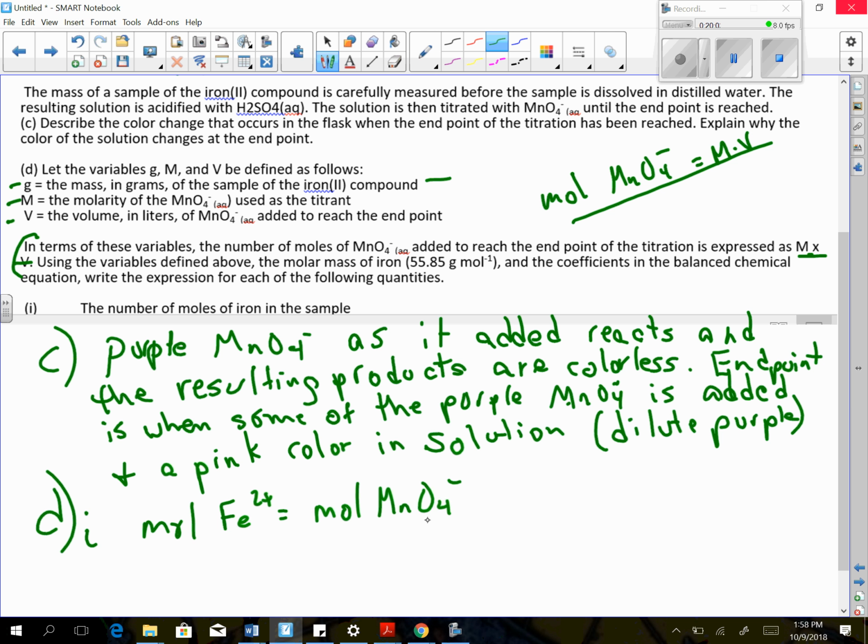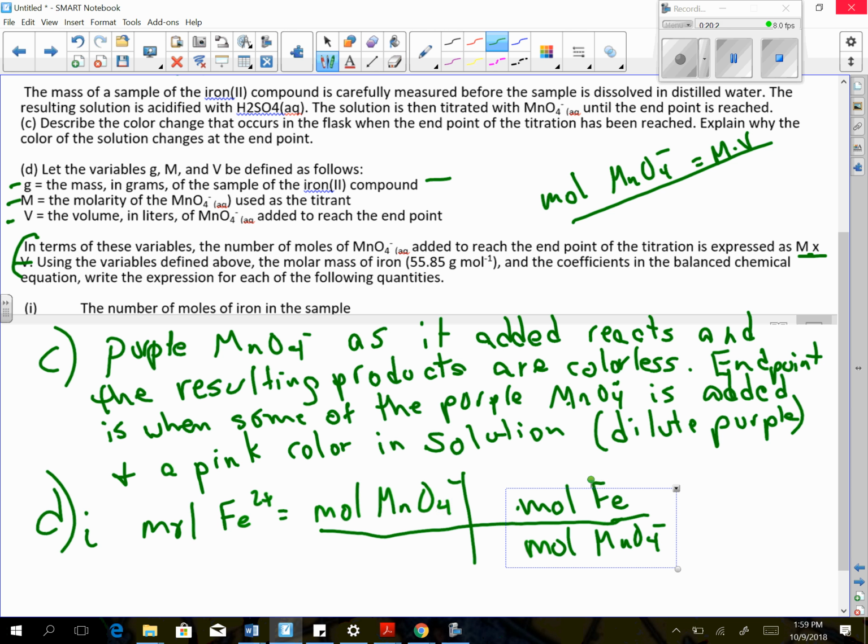And I know that all of this reacted with the iron until it was all gone. That's what the endpoint means. And so I can go from moles of MnO4 to moles of iron, moles of my iron compound. And how would I do that?